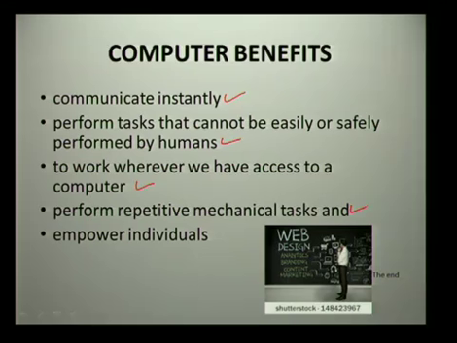Then the next one, perform repetitive and mechanical tasks. There are a lot of tasks that have to be completed, and you can use a computer to perform those tasks, which would be difficult for you to perform yourself.